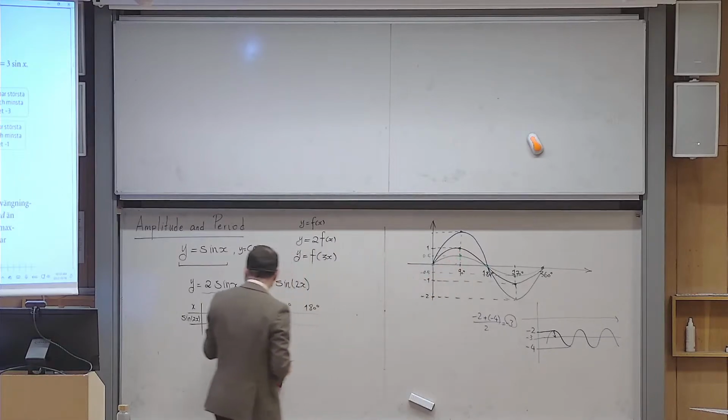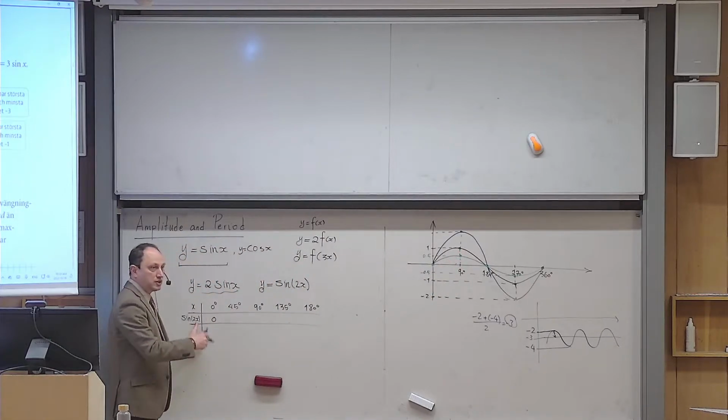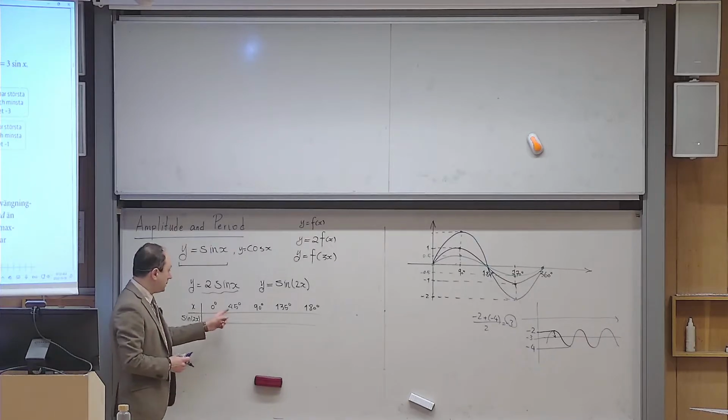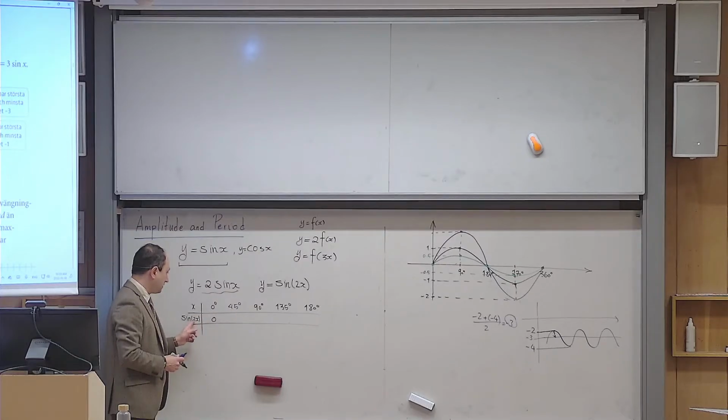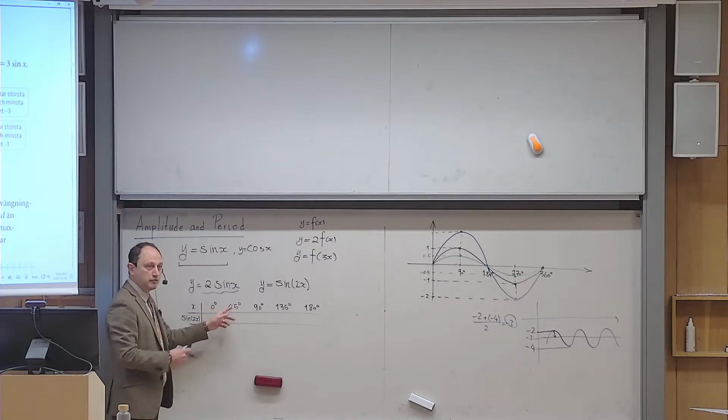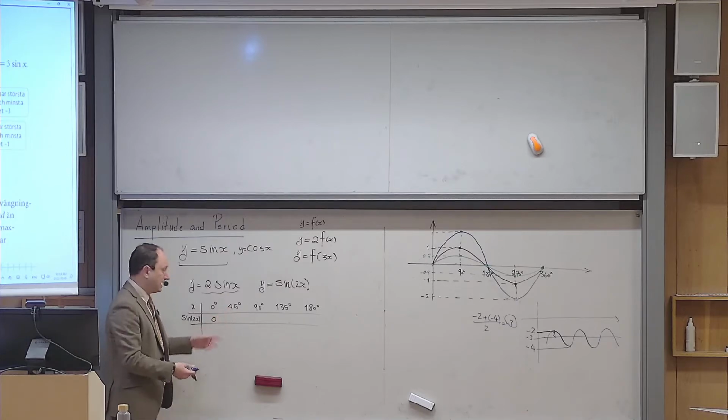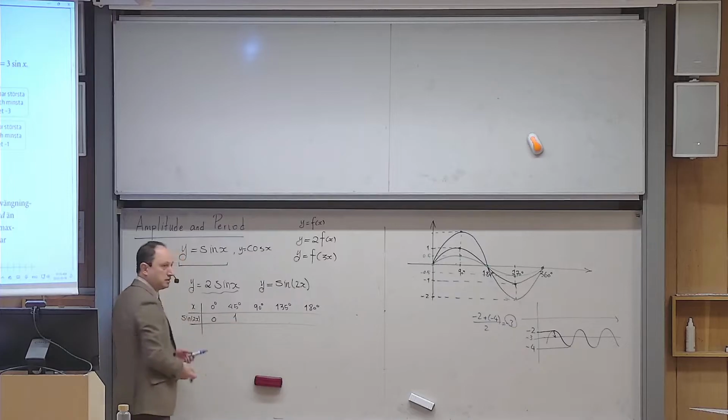But because of this factor of 2, I achieved the maximum earlier. Because when I pick 45 and put it here, because there is a factor of 2, this 45 will be multiplied by 2, and it will give me 90, and sine of 90 is 1.